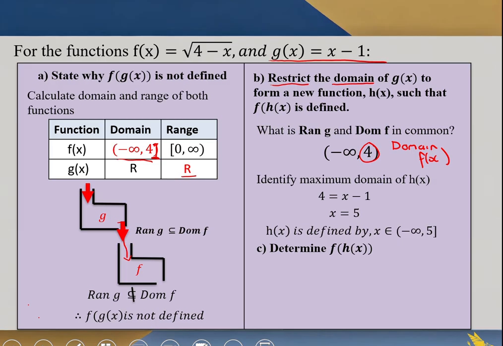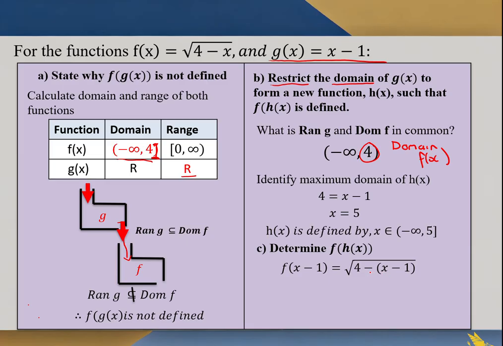I know my x elements are going to be from negative infinity all the way through to 5. The next part I need to do is look at what is my function. That means I'm going to start substituting. So I've grabbed my g of x and I'm plugging it into my f of x equation, and that gives me h of x is equal to square root of 4 take away x, take away 1.